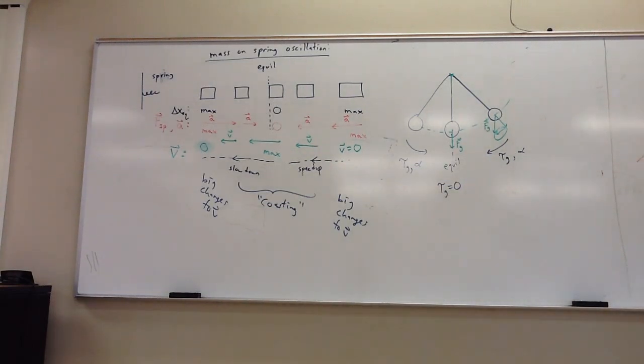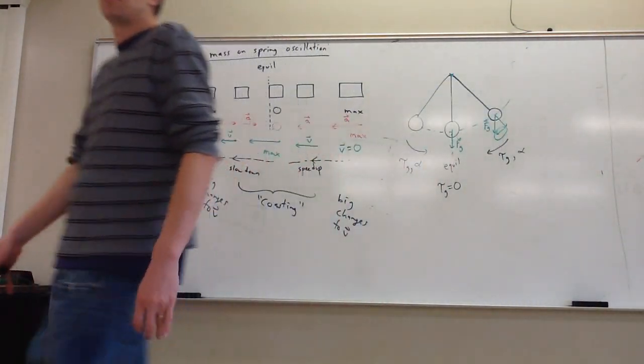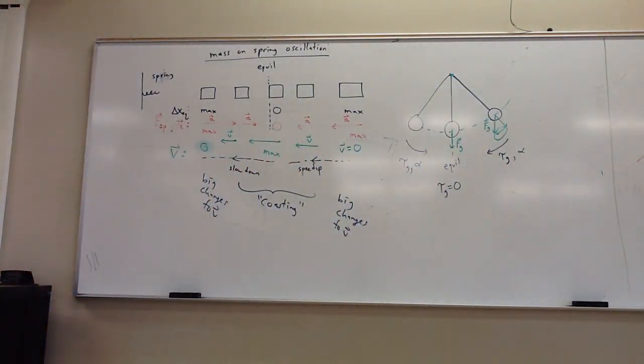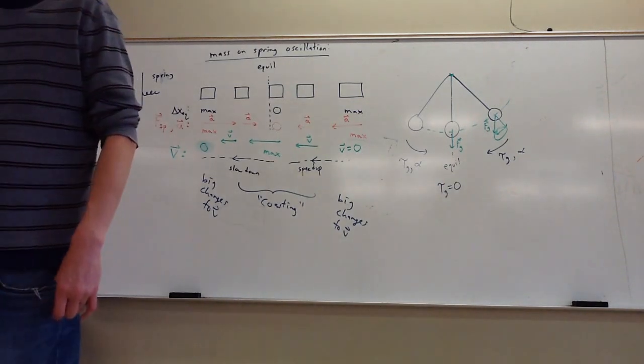So notice there's a common theme of oscillating systems. They oscillate around some equilibrium where there's no force or no torque. But if you take something away from there, it wants to go back there, right?